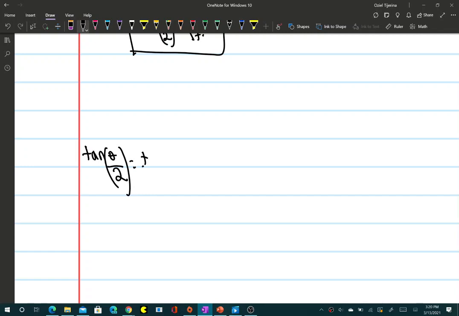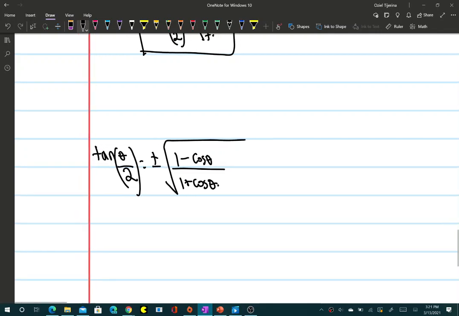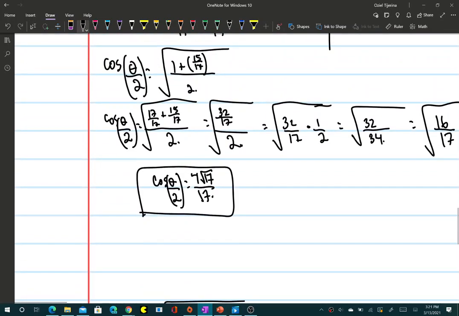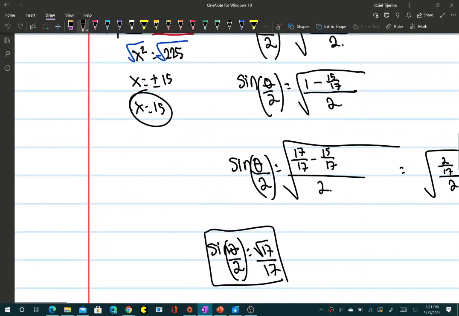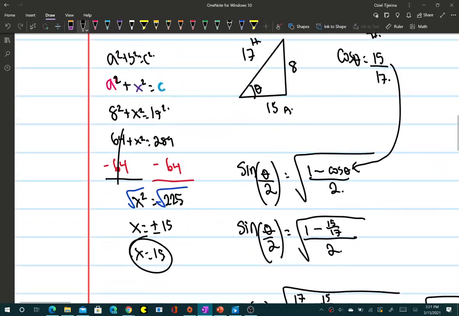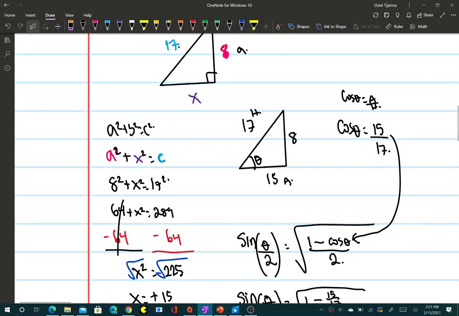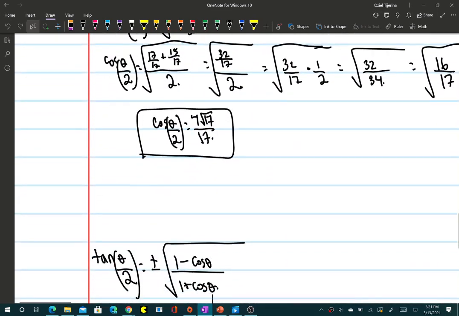equals plus or minus the square root of 1 minus cosine theta over 1 plus cosine theta. Okay? So again, we know what cosine theta is. Cosine theta is 15 over 17.